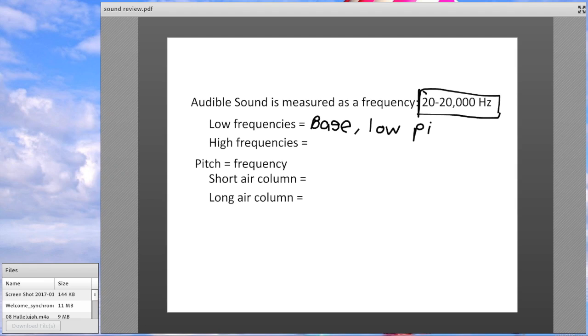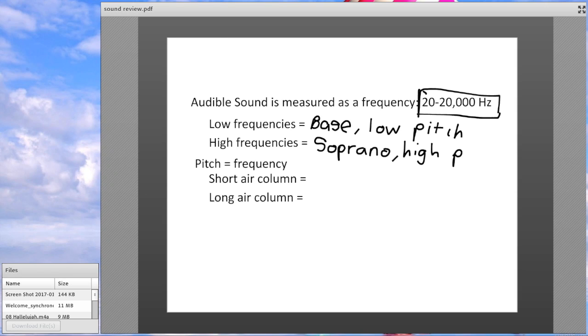And if you have an instrument with a high pitch, that's going to be a high frequency. If you're singing, that would be like soprano. Soprano would have a higher frequency than bass.